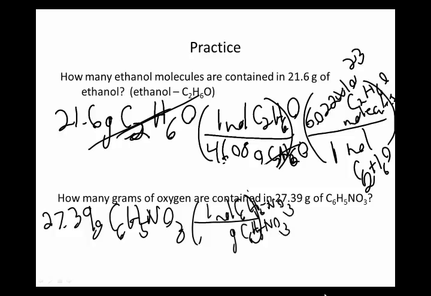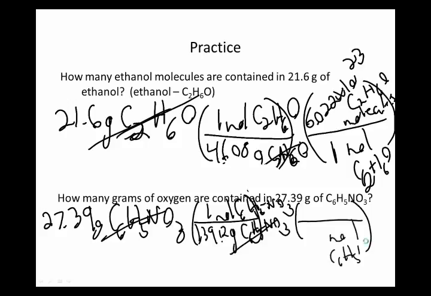Okay, and then moles of C6H5NO3 to moles of oxygen, right? So we're going to relate this. There should be 3 moles of oxygen for every 1 mole of C6H5NO3.